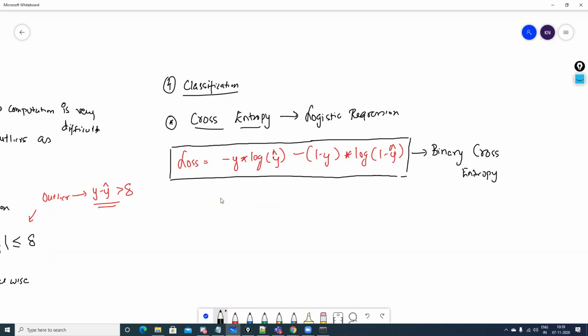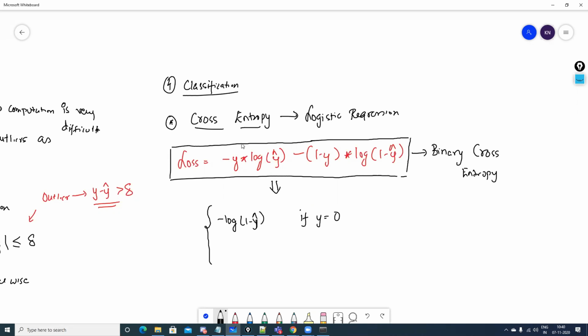Now, let me write down this equation. It will in turn get converted into two things. One is minus log of 1 minus y hat if y is equal to 0.